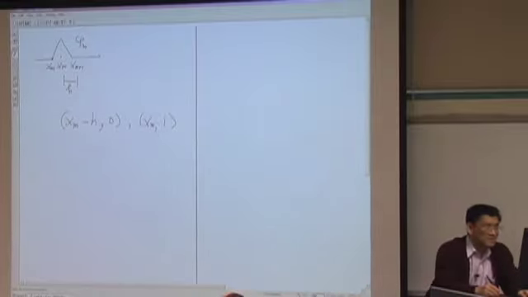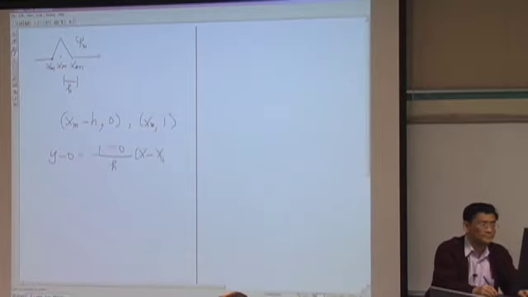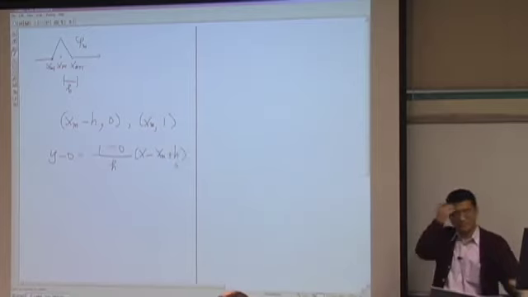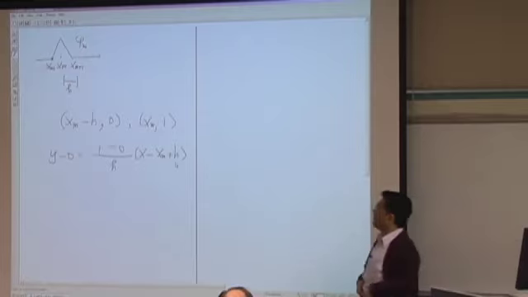y minus y1 equals y2 minus y1 over x2 minus x1, and then x minus x1. So this is the formula that you can use.